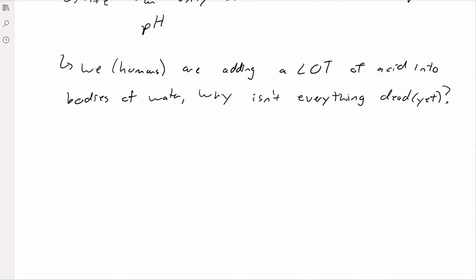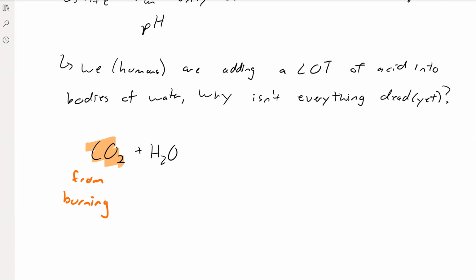So let's first take a look at how we're adding a whole lot of acid. You guys have probably heard of acid rain and other negative consequences that come from this. Basically, we're putting a bunch of carbon dioxide in the air, from burning stuff, whether it be a fire, your car, or industrial processes.